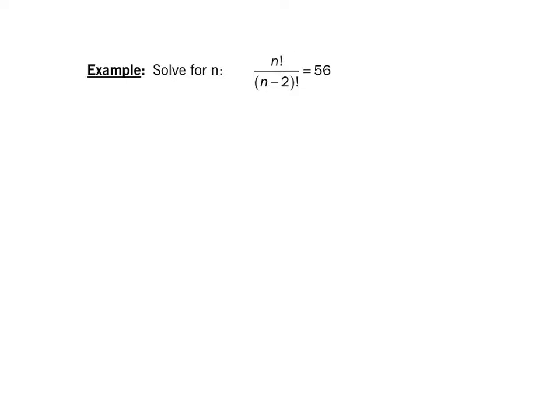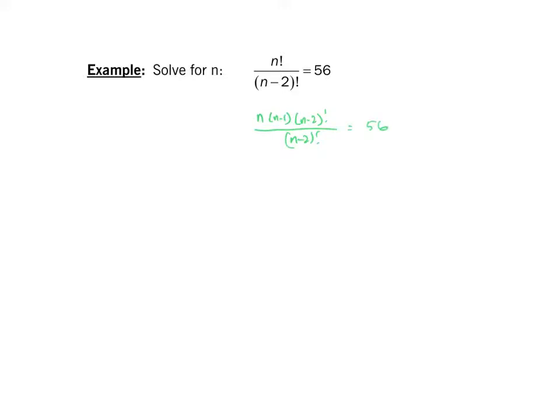Solve for n factorial over n minus 2 factorial equals 56. So simplifying here, n factorial is n times n minus 1 times n minus 2 factorial all over n minus 2 factorial.